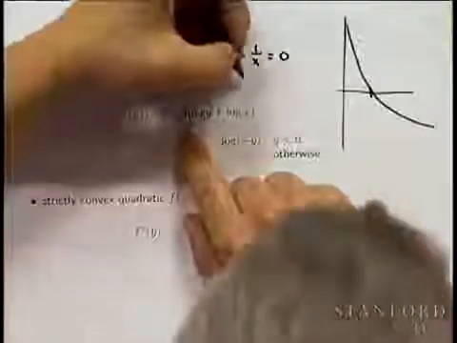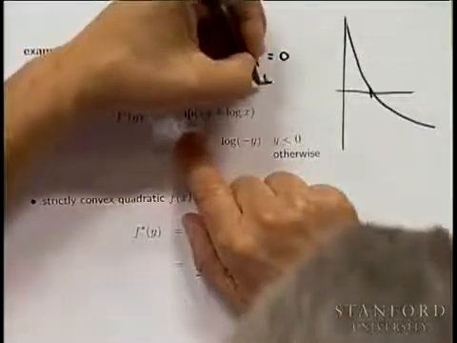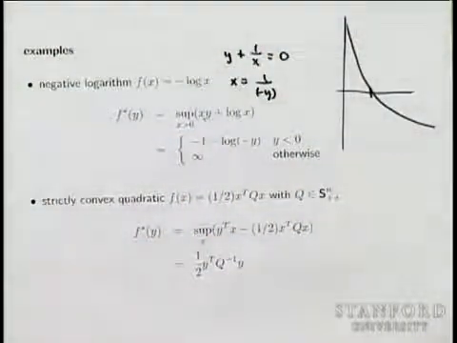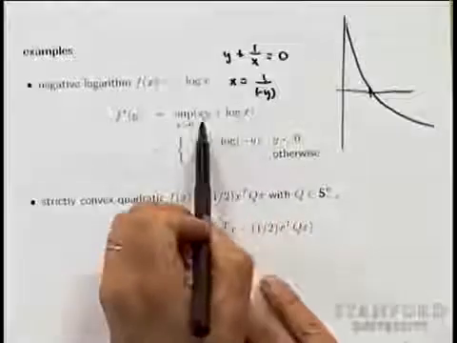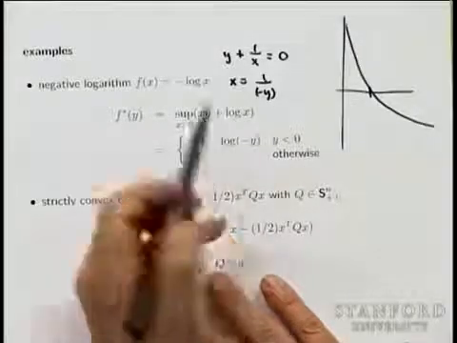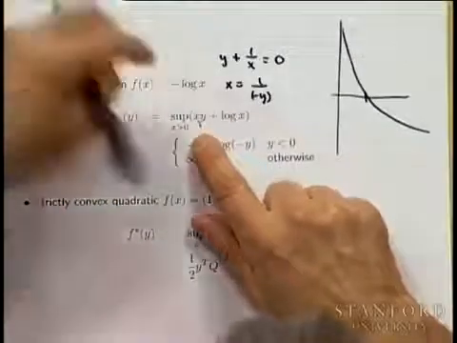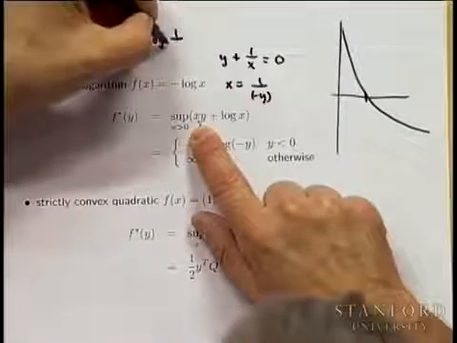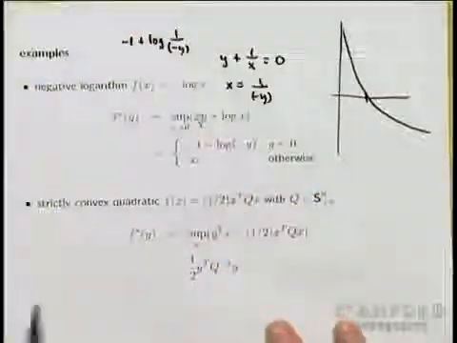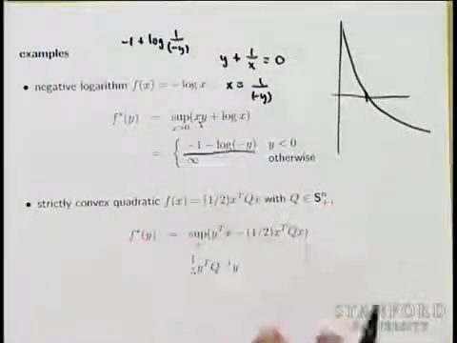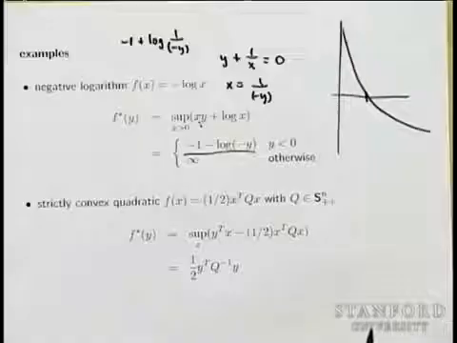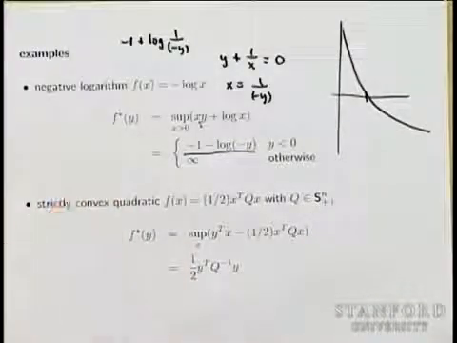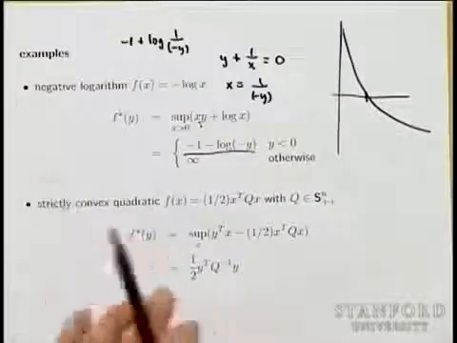So x is 1 over minus y. Then you plug this x back into xy plus log x, and you get minus 1, that's the xy part, plus log of 1 over minus y. That's the conjugate, and that's for y negative. It's important when you work out a conjugate to get the domain correctly.